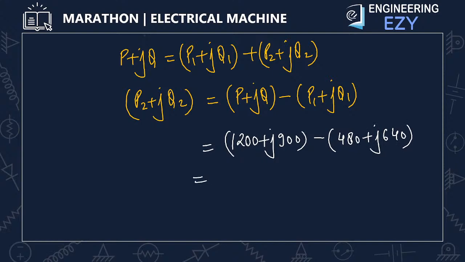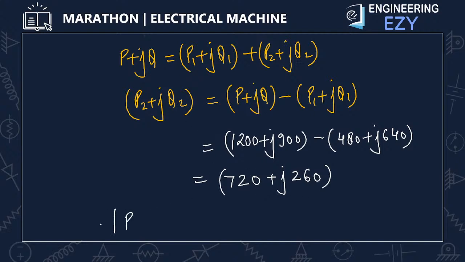So we are getting 1200 minus 480 is 720 plus j, 900 minus 640, so it is 260 is the answer. But we have to take the modulus because it is asking the overall kVA. So in the kVA we have to take the modulus.